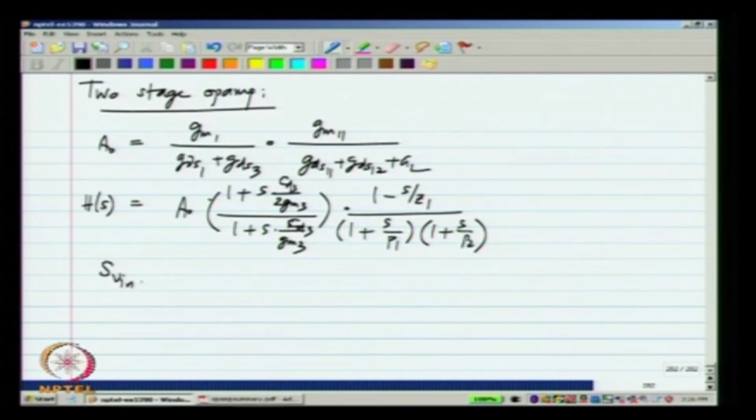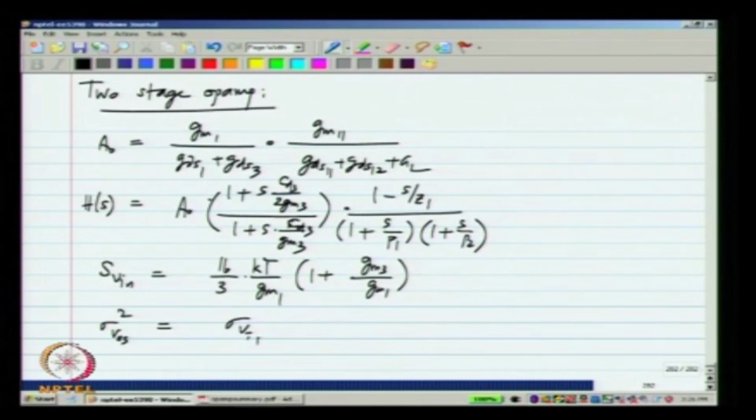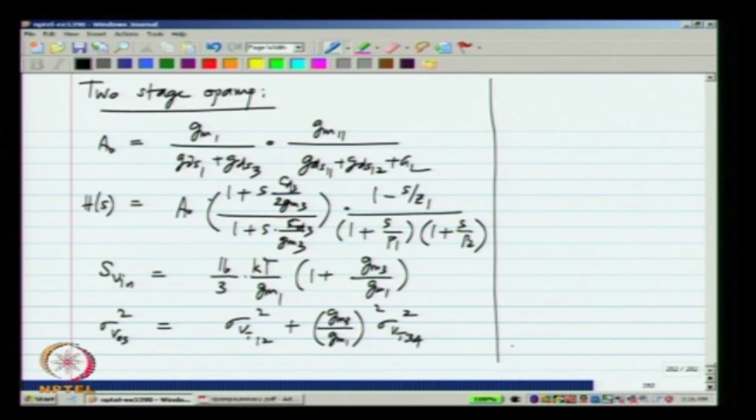So, the input referred noise voltage spectral density is that, and the input referred offset voltage is that one, and we also calculated the slew rate and the swing limits.